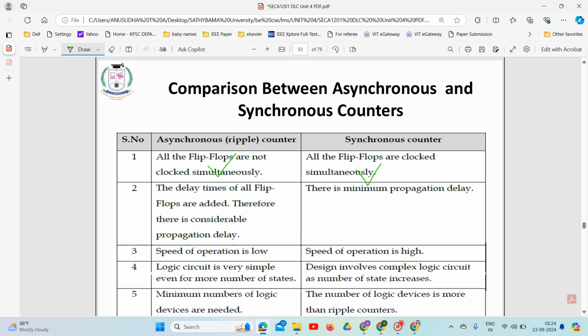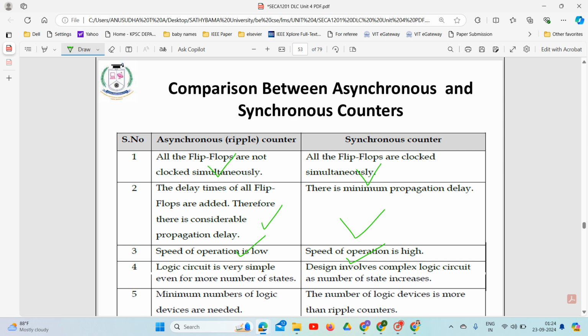In the asynchronous counter, as the flip-flops are not synchronized globally, it produces a delay at the output, which we call propagation delay. Here the propagation delay is very minimum in the synchronous counter. Speed of operation is very slow in the asynchronous counter, and very fast in the synchronous counter.